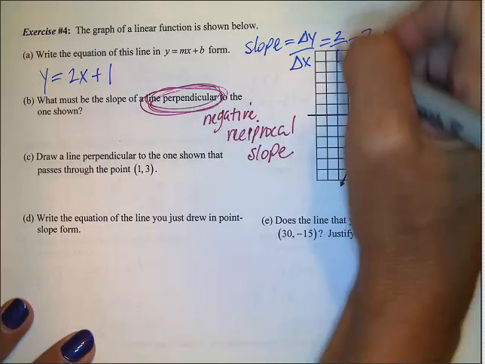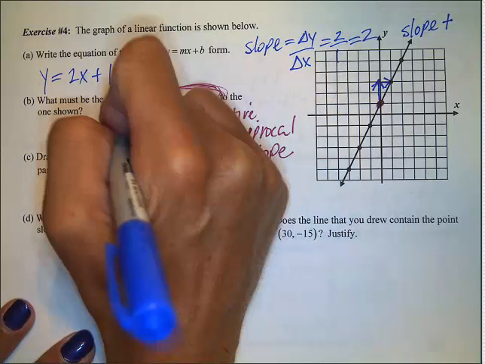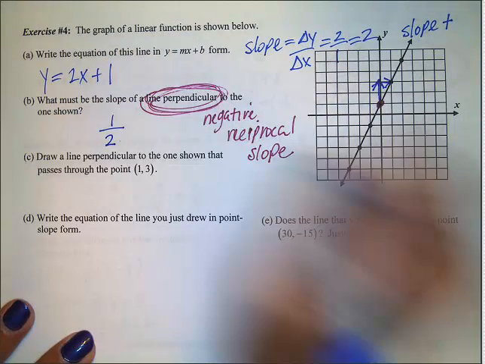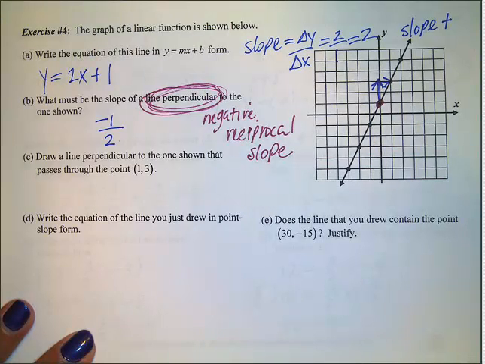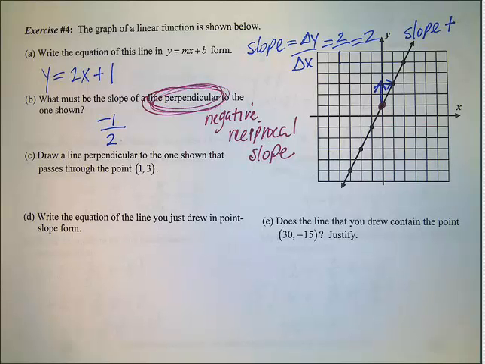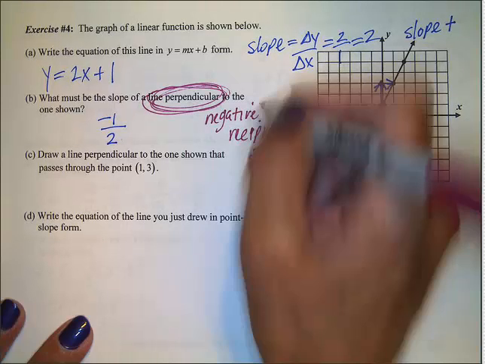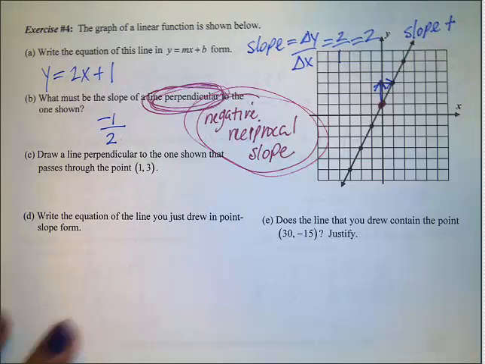So to flip it, I get 1 over 2, and then I need to negate. Okay? Flip and negate, or negative reciprocal slope. So you need to know parallel is equal slopes, perpendicular is negative reciprocal slopes. And that should be reviewed from Algebra 1.